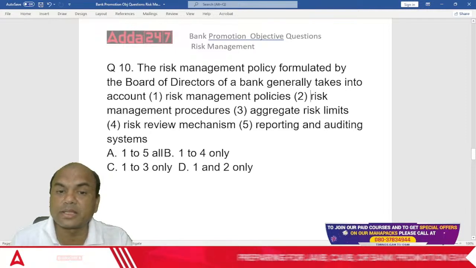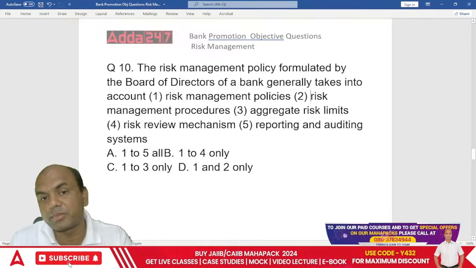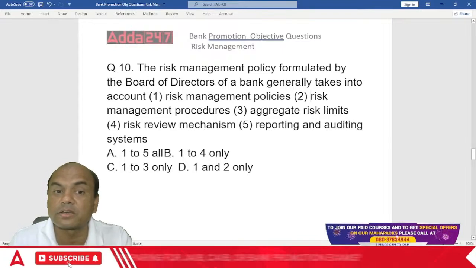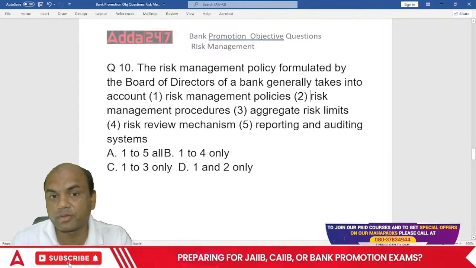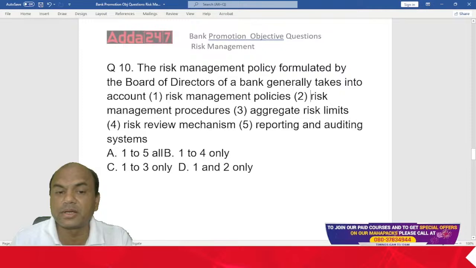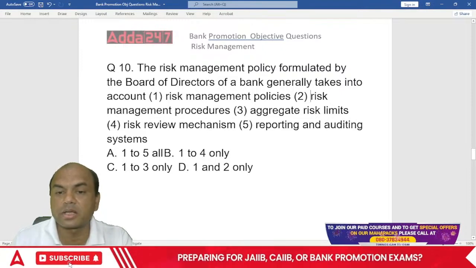This risk management policy of any bank is designed by the board of directors, and the board of directors will always think of the policies. So they'll have policies, then procedures, then risk limits, mechanism, and auditing.